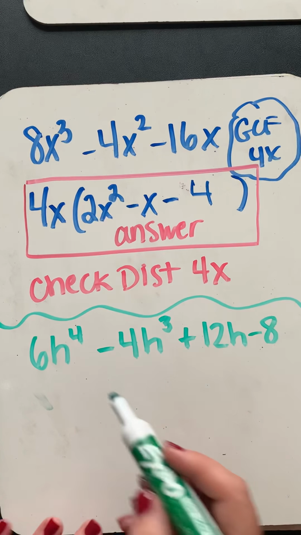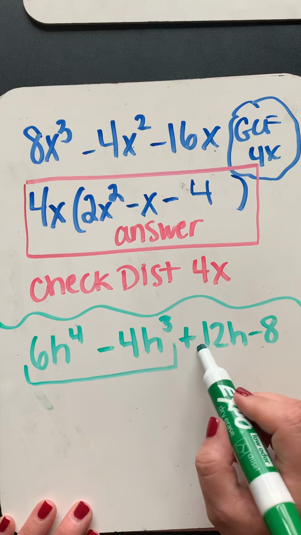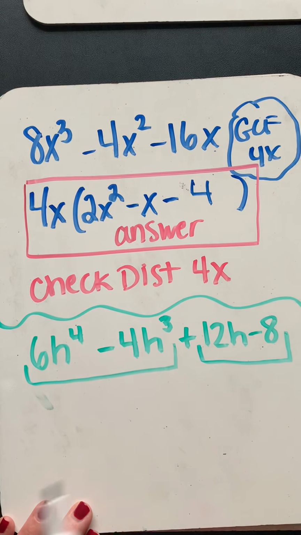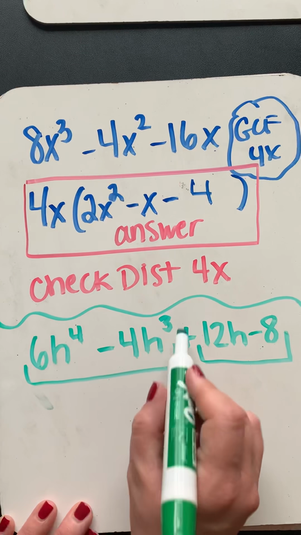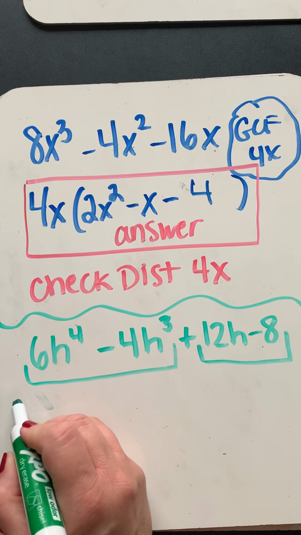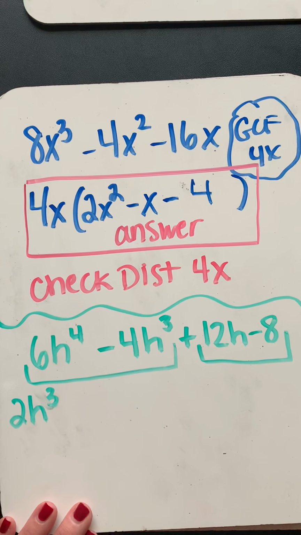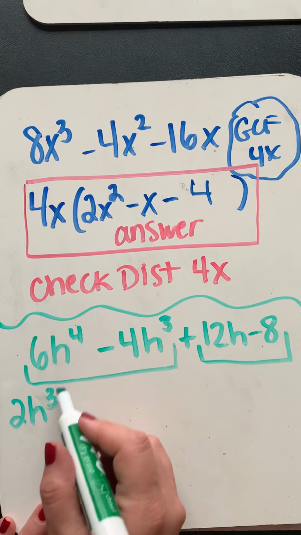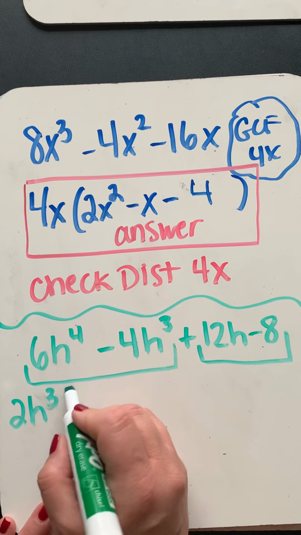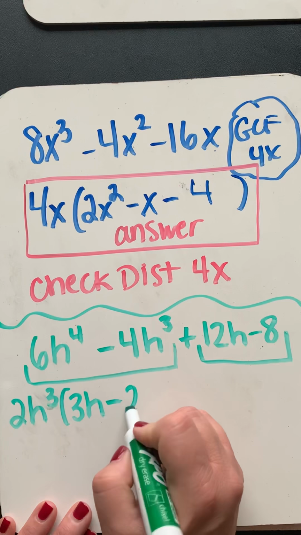So I separate these into 2 groups, group 1 and group 2. The first 2 terms have a GCF of 2h cubed. When I factor 2h cubed out of just these 2 terms, I'm left with 3h minus 2.